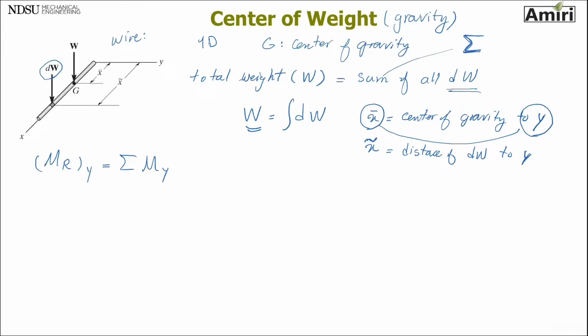I'm just using sigma as a symbol of summation here. The moment of W about y is W multiplied by the distance to the y-axis, or in other words, W x bar.